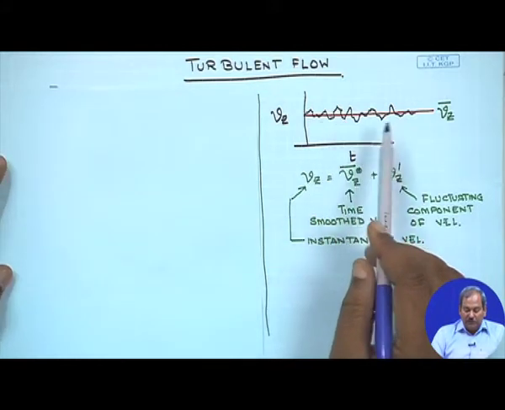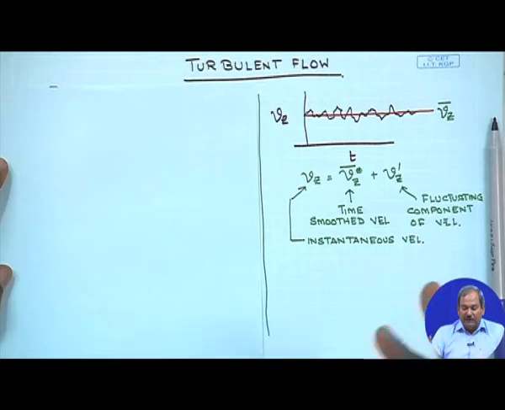But in turbulent flow, where there is going to be a lot of intermixing, the formation and exchange of eddies and so on, if you are measuring the velocity of the fluid at a given point, the velocity is never going to be a constant. It will be an arbitrarily oscillating function of time. At one instant of time, the velocity could be high, at the next instant it could be low.